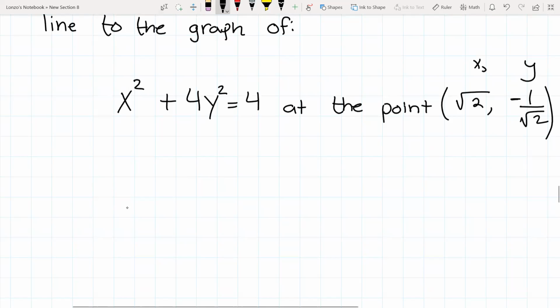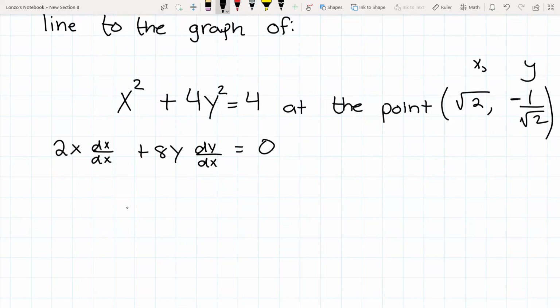So we're going to use implicit differentiation. The derivative of x squared with respect to x would be 2x dx over dx. The derivative of 4y squared with respect to x would be 8y dy over dx. The derivative of 4, a constant, is 0.